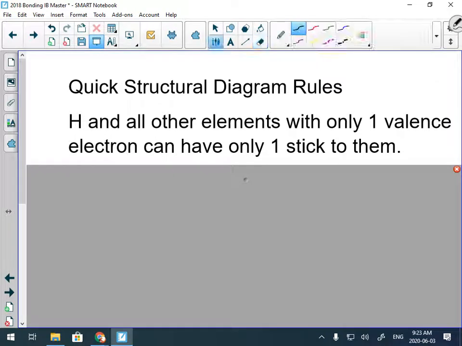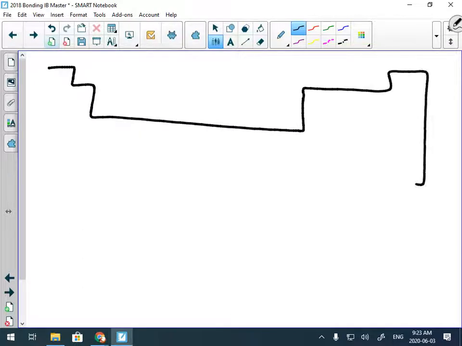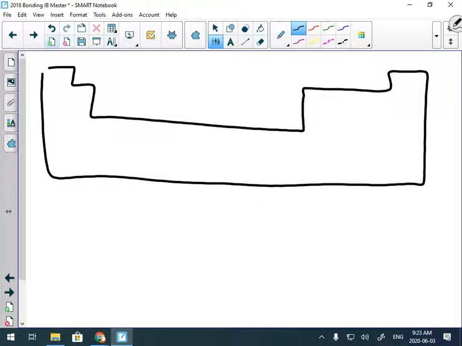Okay? Now, if you want to think of the periodic table, I'm going to redraw the periodic table really badly right now. So here we go. There's a set of rules we can go through. Group 1 only has one line to it. Group 2 only has 2 lines to it.